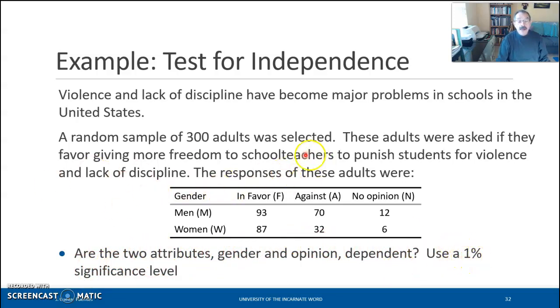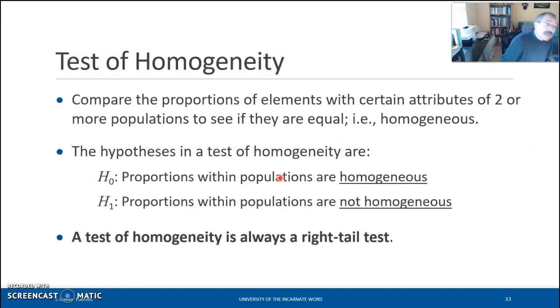Again, I'm not going to solve this problem here on the slides. You can see the solution in the textbook, but I'm using it as an example to illustrate a test for independence. All right, for a test for homogeneity, we look at a similar contingency table, but now we have different information in the row and column categories.